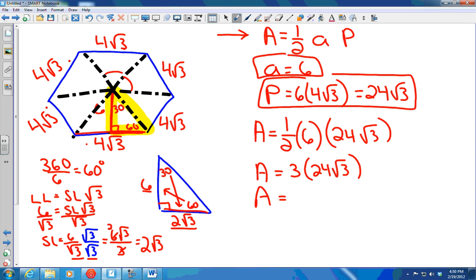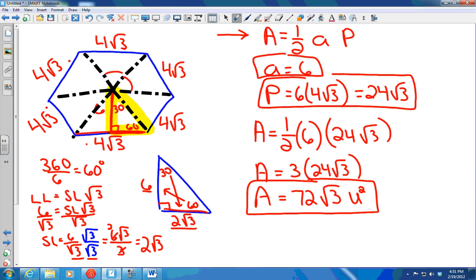And let's see, 3 times 24. 3 times 20 is 60. 3 times 4 is 12. So that's 72 times the square root of 3. 72 times the square root of 3, and we'll say that's units squared since we didn't give it any unit of measurement like inches or feet. And that's it. That's the area of a regular hexagon.